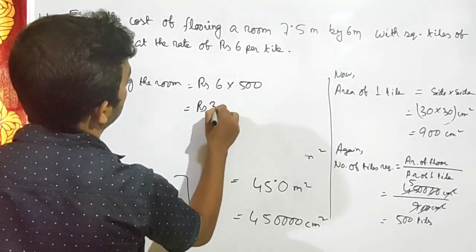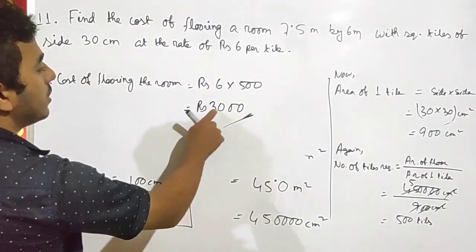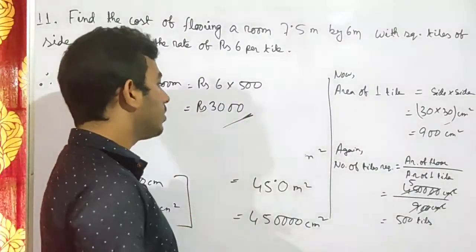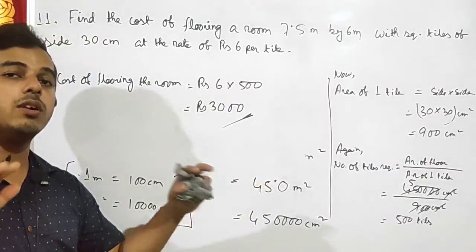So 6 into 5 is 30, then these two zeros. So how much is required? 3,000. Only 3,000 rupees required to floor your room.